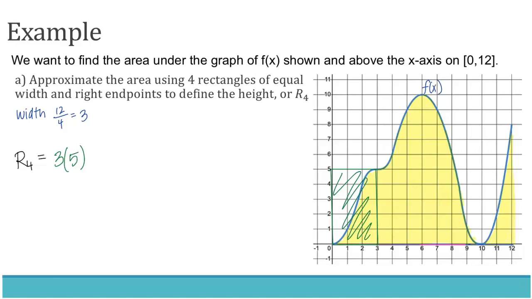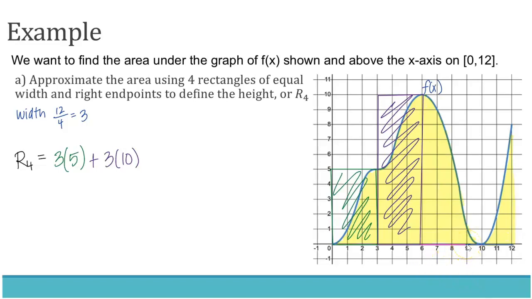Now we're going to move on to the next rectangle. That extends from x equals 3 to x equals 6. 6 is the right side of that interval, so I'm going to define the height at the x value 6, which is, I missed a little bit, going to take me up to the y value 10. And so that's going to define my height. So my next rectangle has a base of 3 and a height of 10. So we're going to add 3 times 10, and then we'll move on to the third width extending from 6 to 9.